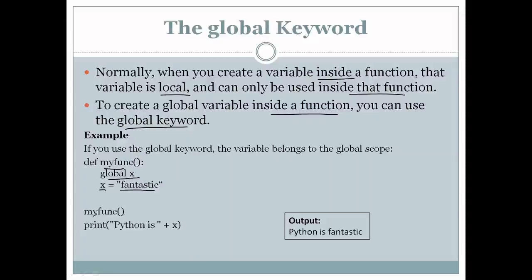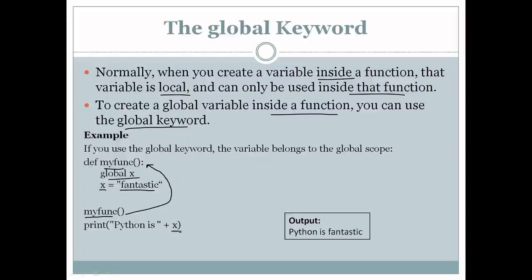Then we have called the function, that is my function, which will simply execute this, and once it executes, it creates a global variable, stores the value. And you can see by using a print statement, print Python is, we are printing the value of x.